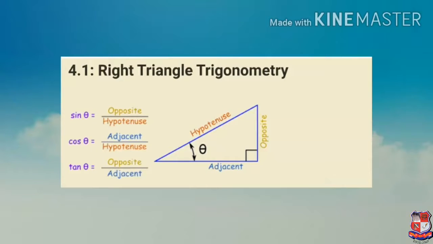We also know the three different formulas of trigonometry. First, tan theta is equal to opposite side upon adjacent side. Second, sin theta is equal to opposite side upon hypotenuse. And third, cos theta is equal to adjacent side upon hypotenuse.